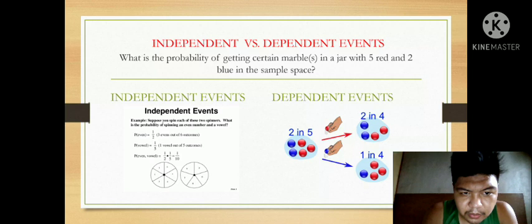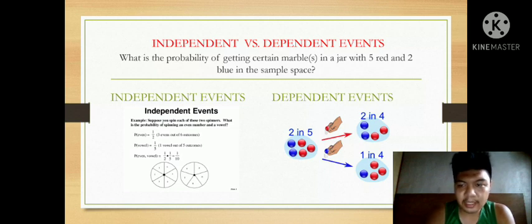First, 1/2, 3 even out of 6 outcomes. In a vowel, 1/5, 1 vowel out of 5 outcomes. The even and vowel is 1/2 times 1/5 equals 1 over 10.